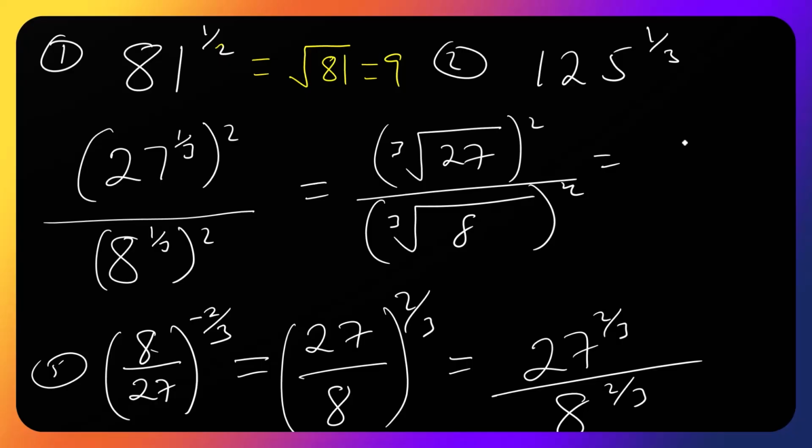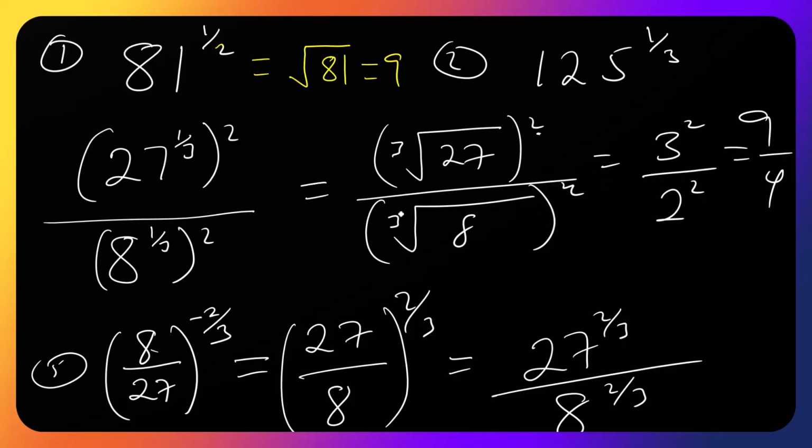Cube root of 27 is 3, and cube root of 8 is 2. Remember the 2 here, so that will be 3 squared, and this side will be 2 squared. So 3 squared is 9, and 2 squared is 4.